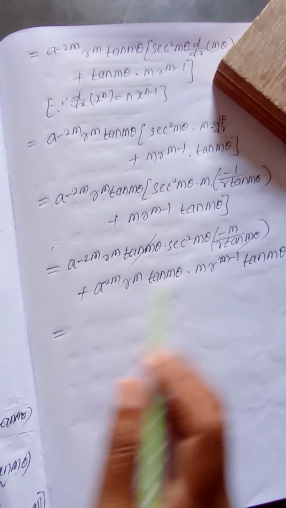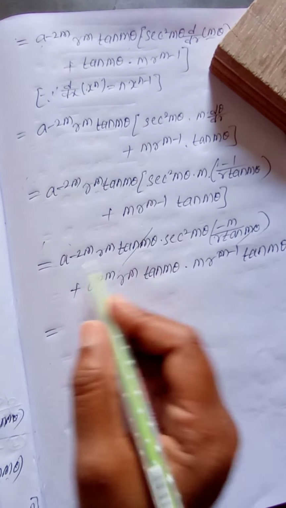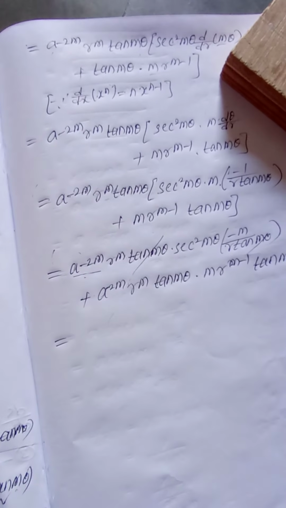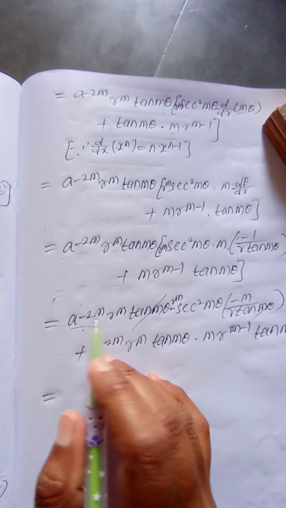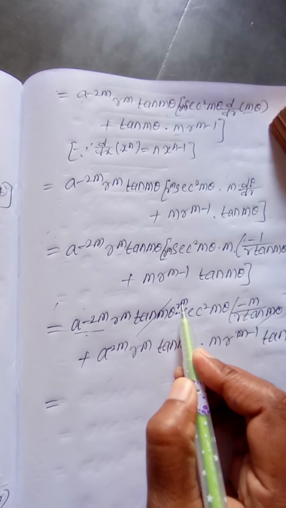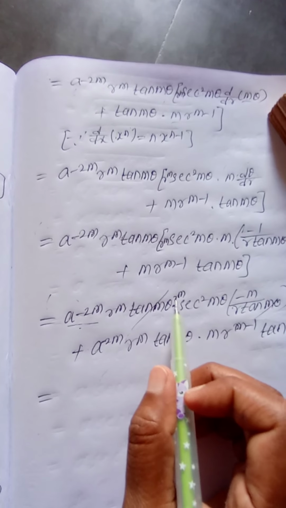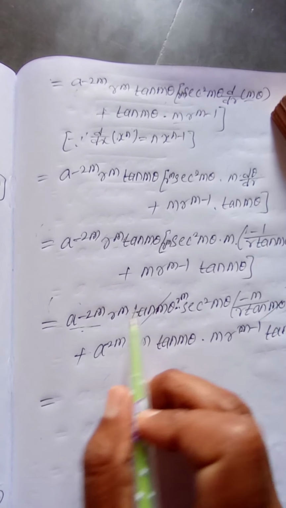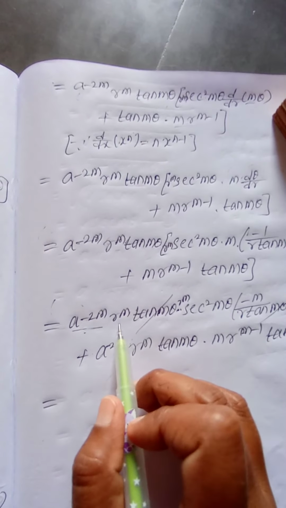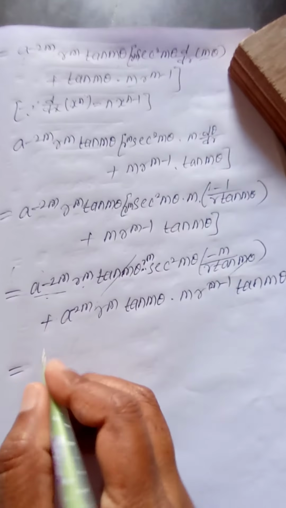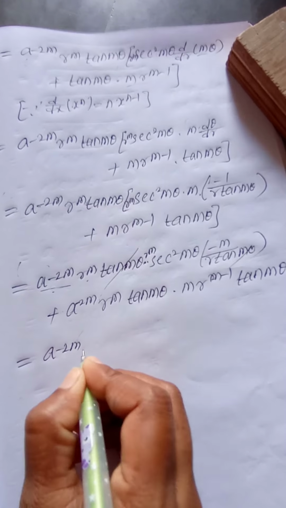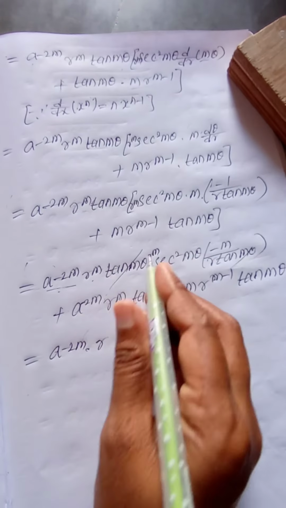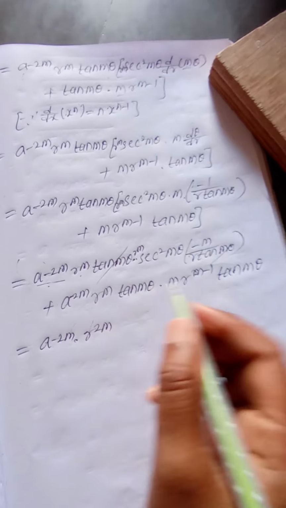Next, so a to the power of minus 2m. This is r to the power of m, this is also r to the power of m. So the base is equal, the power should be added: r to the power of 2m. So a to the power of minus 2m, r to the power of m plus m, 2m.